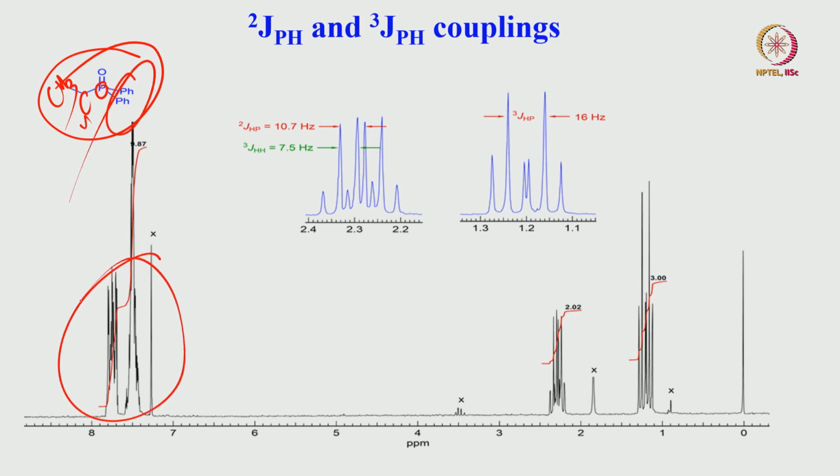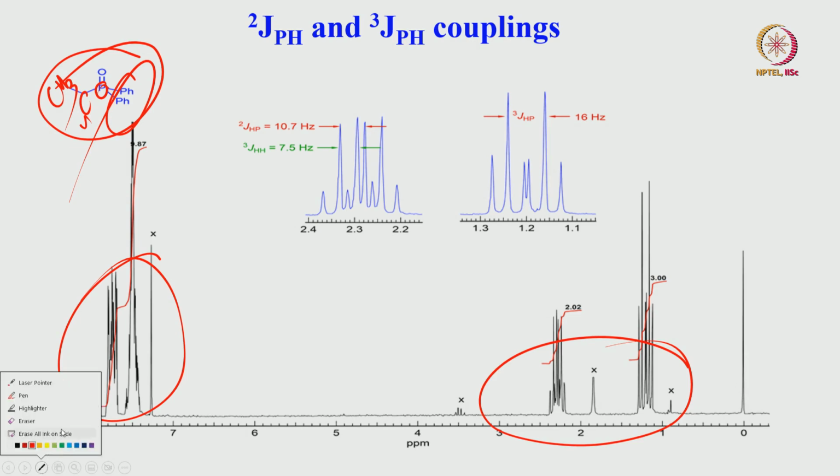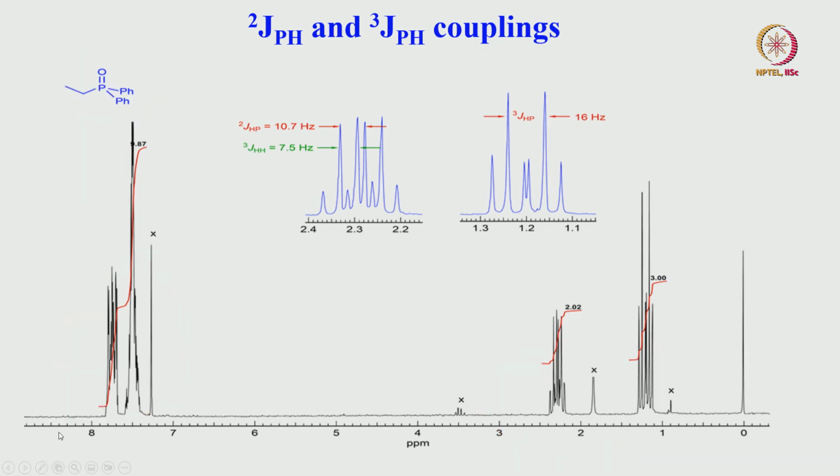Of course, the phenyl protons might also have 2 bond, 3 bond couplings, but fairly difficult to extract there. I am not analyzing that region, we are analyzing only this region. That region means coupling of phosphorus to CH3 protons and CH2 protons are the only two things we can think of now. If I think of that, I know this is CH3, I know this is CH2.